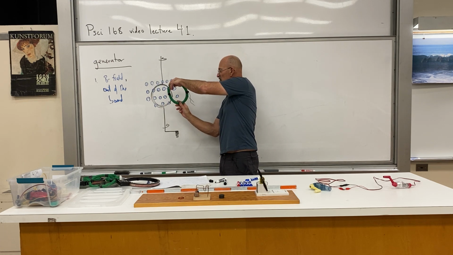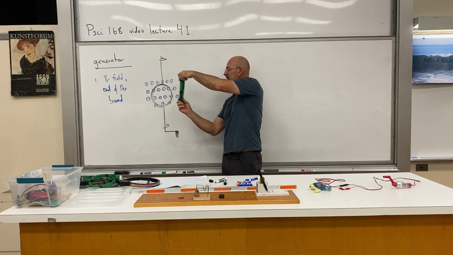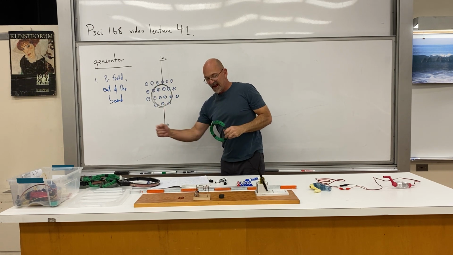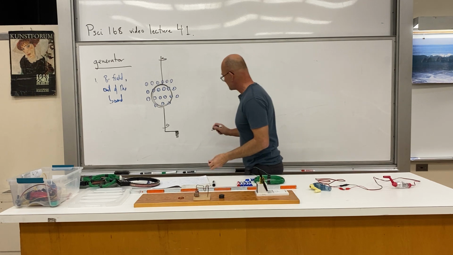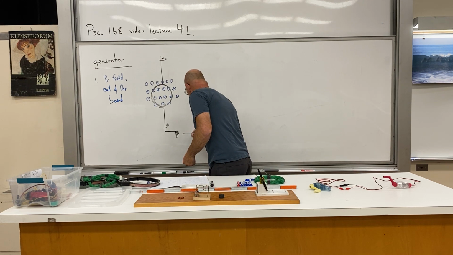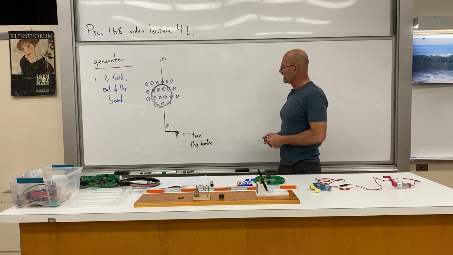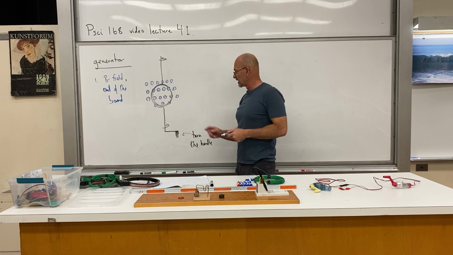So it's going to be a changing flux because the orientation is changing, okay? And I'm doing this by turning that handle there. So we'll say you turn the crank, turn the handle, and so we have a changing flux.